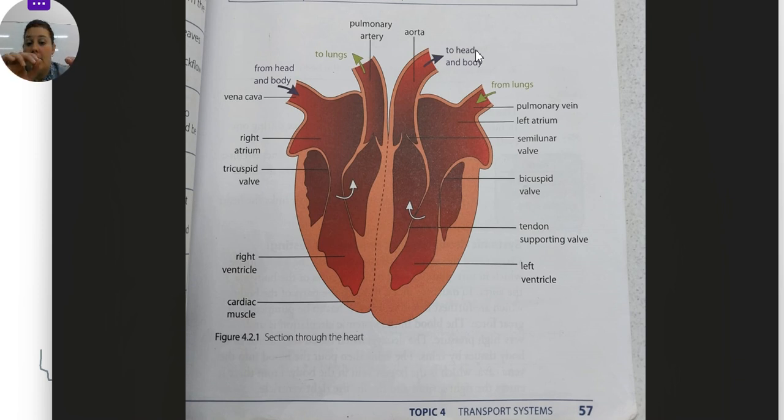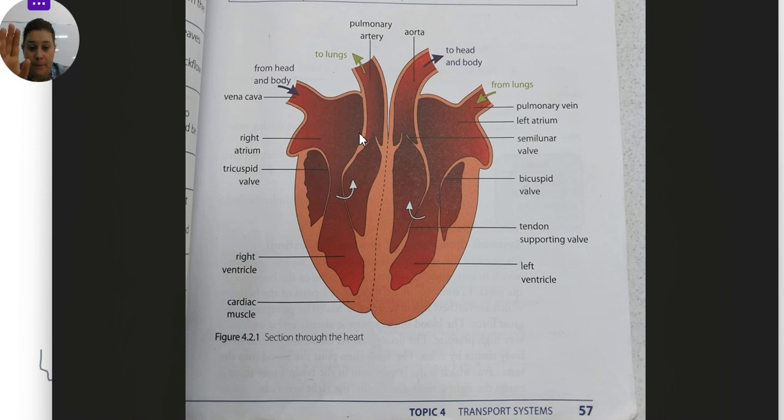So the aorta is coming out of the left side of your heart, right? The pulmonary artery, anything to do with pulmonary, is lungs, right? So your pulmonary artery takes the blood to your lungs because it has to be oxygenated, right?